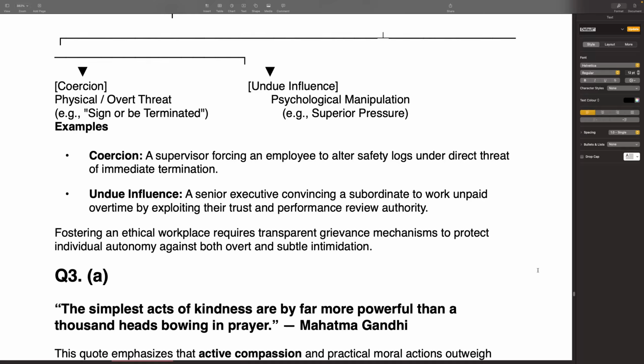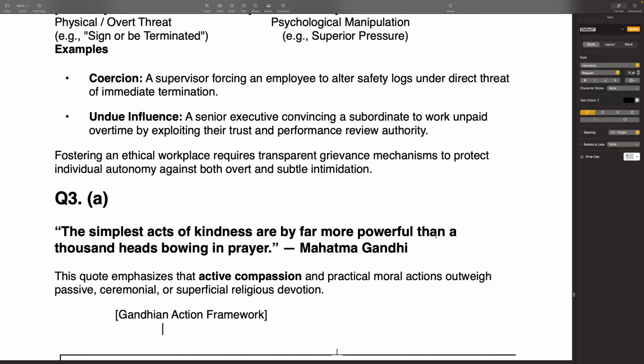Undue influence: a senior executive convincing a subordinate to work unpaid overtime by exploiting their trust and performance review authority. Fostering an ethical workplace requires a transparent grievance mechanism to protect individual autonomy against both overt and subtle intimidation.